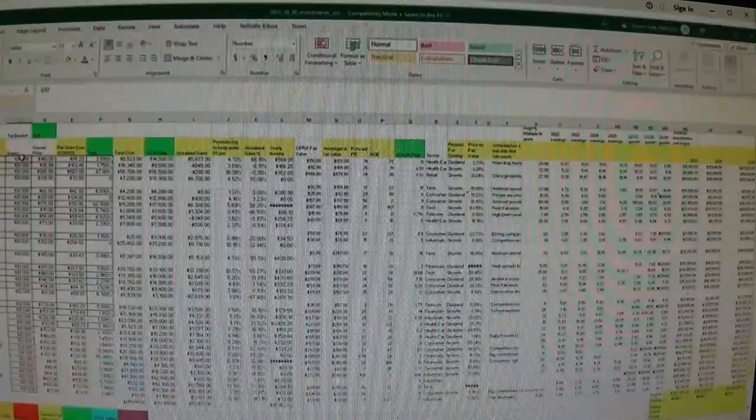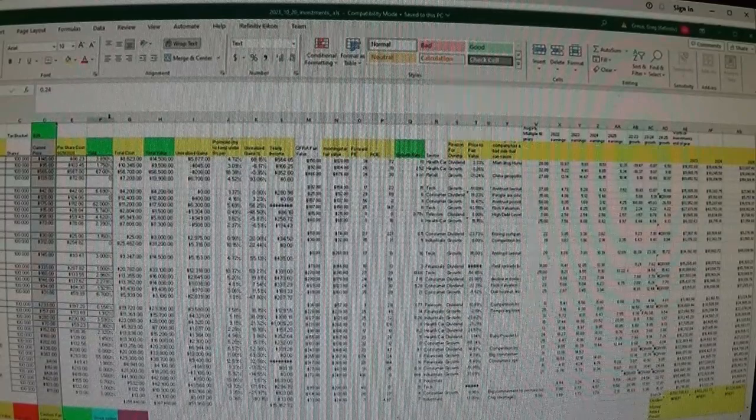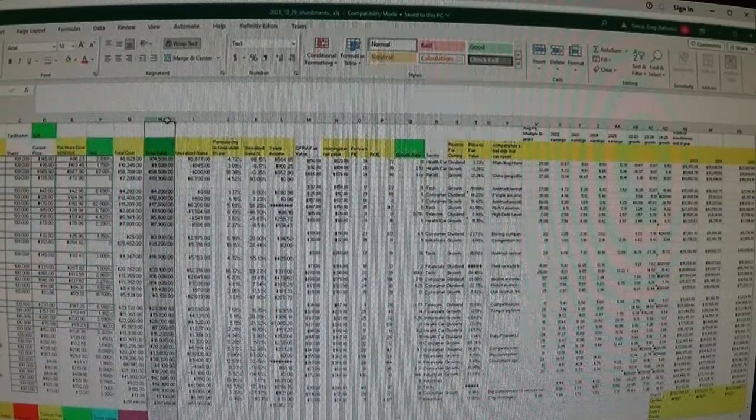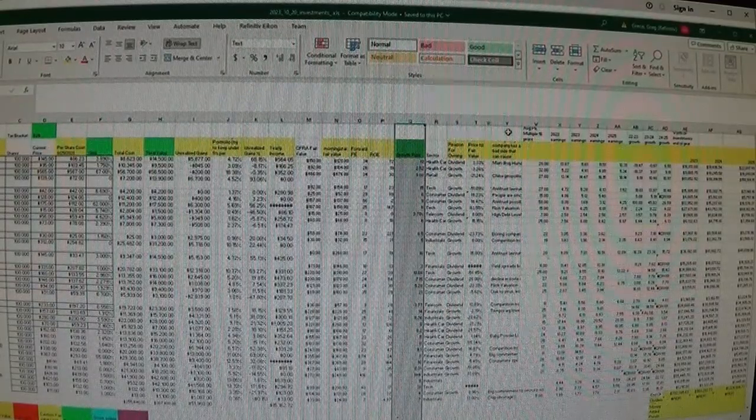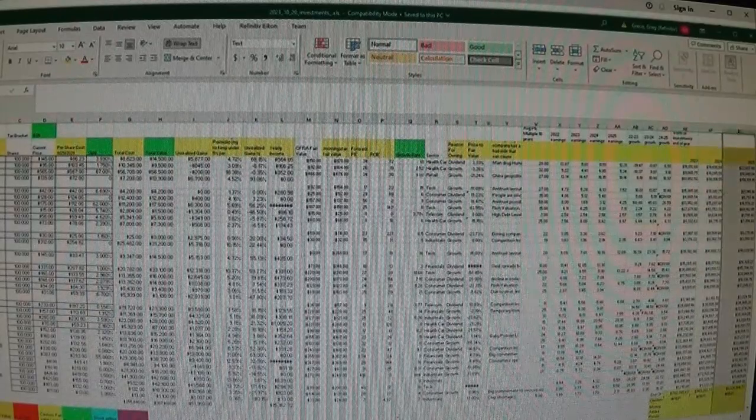Okay, you can put your own numbers here for the number of shares you want in your portfolio. And we use these columns here, yield, total value, growth rate, and that tells us how much it's going to be worth at the end of this year, next year, and the year after.